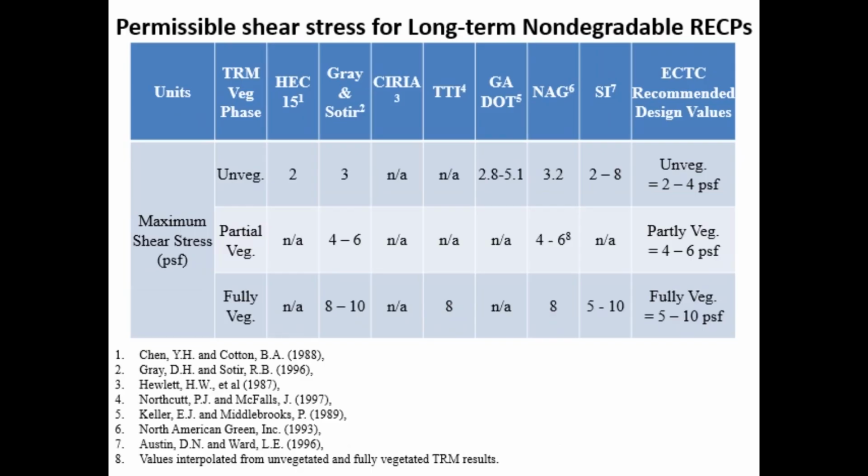Permissible shear stress ranges for generic permanent, non-degradable rolled erosion control products, also known as TRMs, have been shown to be dependent on the level or phase of vegetation achieved, and able to resist up to about 10 pounds per square foot of hydraulic shear when fully vegetated.